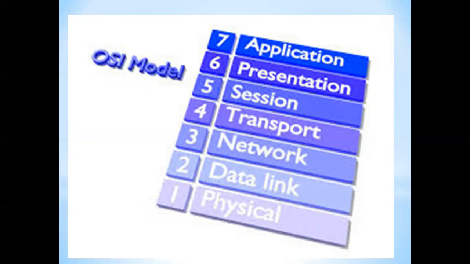Next, layer 6 is presentation layer. The presentation layer makes sure that information is delivered in such a form that the receiving system will understand and use it. The form and syntax of the two communicating systems can be different.